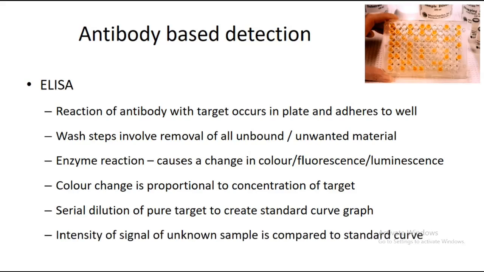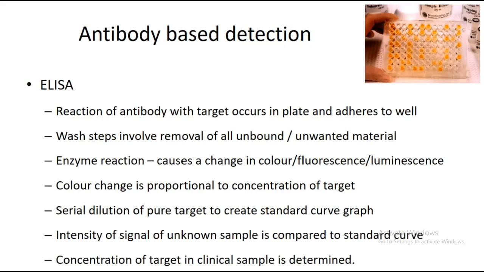Okay, so the intensity of the signal of the unknown sample is compared to the standard curve to get an actual value. And the concentration of the target in this case, a blood sample, in a clinical sample is determined. And once you get the concentration of your target, you then compare it to reference ranges and determine whether it is indicative of disease or of a certain clinical situation.